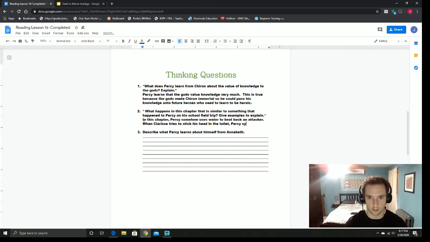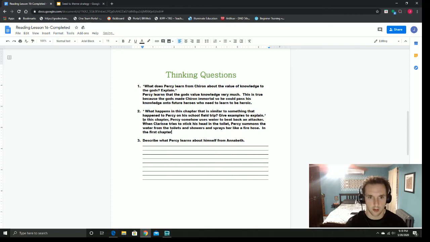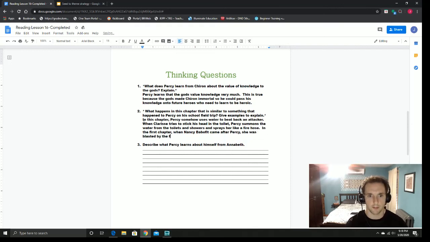Percy summons the water from the toilets and showers and sprays her like a fire hose. In the first chapter, when Nancy Bobofit came after Percy, she was blasted by the fountain.